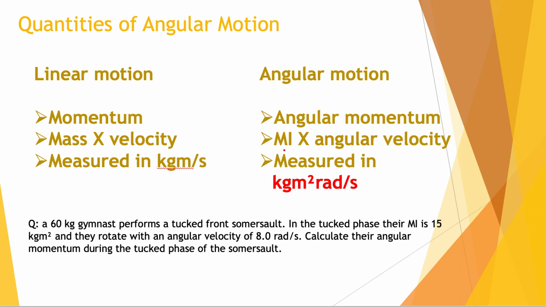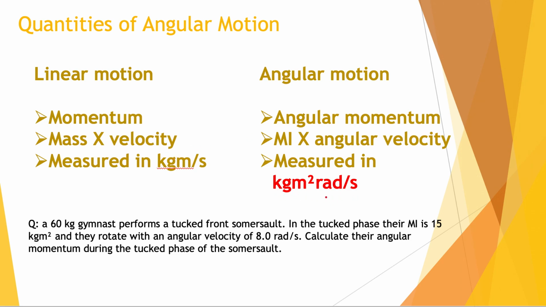We know that it's about mass, but it's also about the distribution of that mass from the axis of rotation. So rather than just having mass in the equation for angular momentum, we put moment of inertia in the equation, and that means we're factoring in not only mass, but we're also factoring in the distribution of mass from the axis of rotation. And we times that by angular velocity this time rather than velocity.